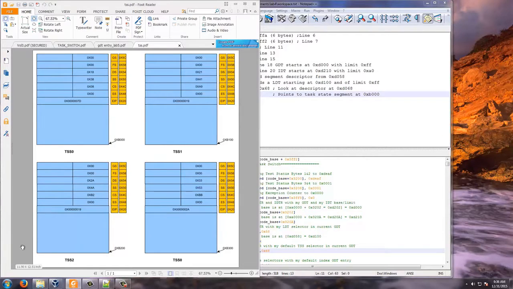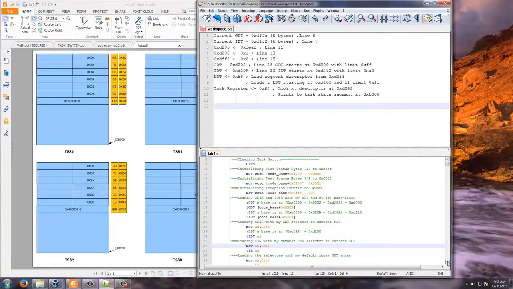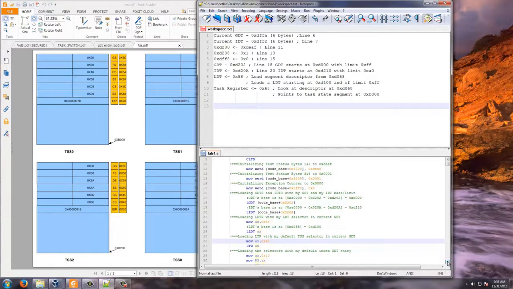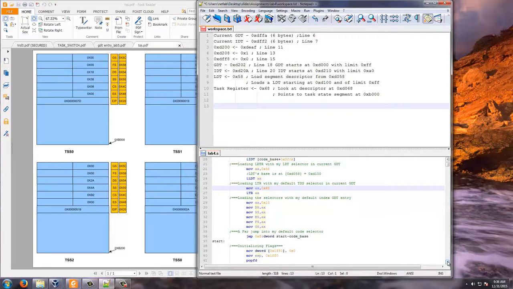So the operating system will set up these values for TSS 1, 2 and 3. This should be TSS 3. So this is something that we need to understand here. Now I have allocated a task state segment at B1000 for the current task.